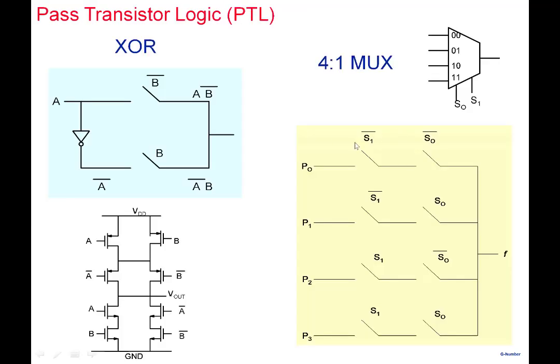But if each switch can be a transistor, note that the whole XOR gate can be done in 2 transistors compared to this. And similarly, the entire 4:1 mux in 8 transistors looks very attractive. Looks very attractive. Pass transistor logic is the thing to do, right?